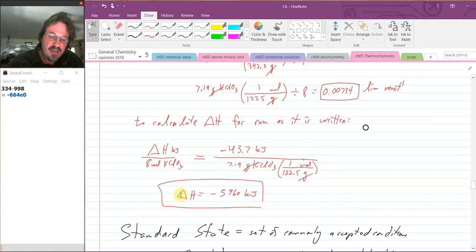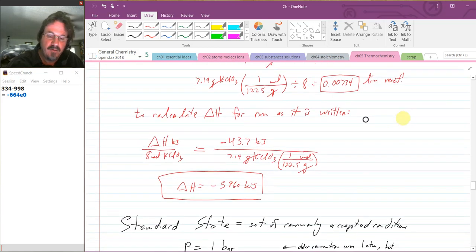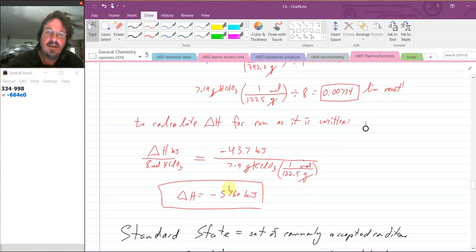This is, first of all, the delta H for the reaction as it's written in the normal way: 1 mole of sucrose, 8 moles of potassium chloride to give you those products and some heat. How much heat? 5,960.